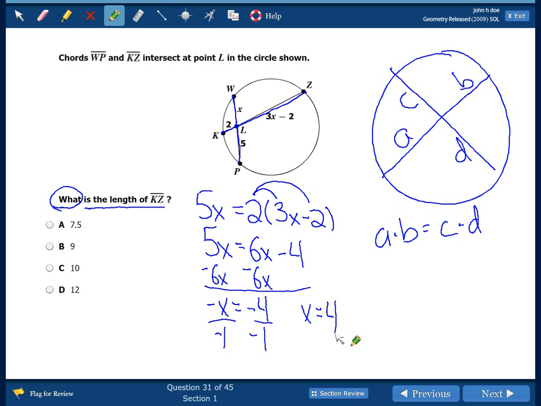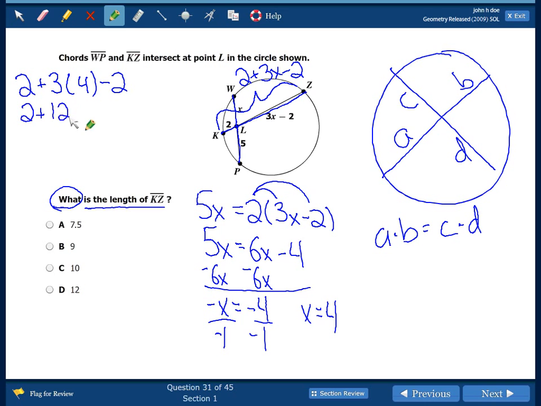I'm kind of surprised that 4 isn't an option because it's a very good trap answer. We solve for x. But what's the problem asking us for? It's asking us for KZ. So how big is KZ? It's 2 plus 3x minus 2. So when I plug that in, 2 plus 3 times 4 minus 2 is 2 plus 12 minus 2.